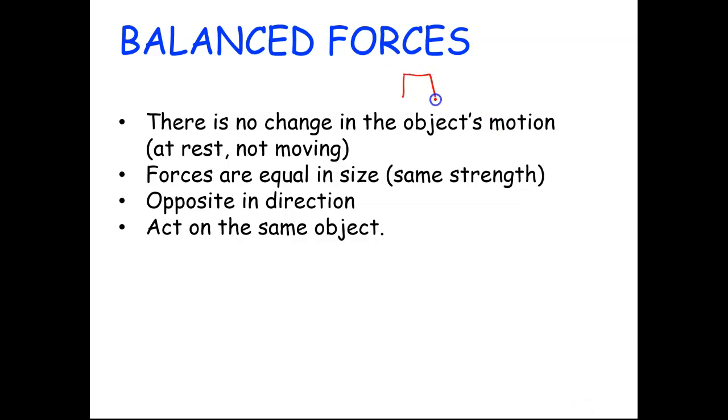If we had a box, and let's say I'm pushing on this side with 3 newtons, and you're pushing on this side with 3 newtons, since the forces on the box are the same, the box isn't going to move anywhere. They're equal. Not only are they equal, they're also in opposite directions. And when we're talking about balanced and unbalanced forces, you have to be talking about the same object. So balanced forces: no change in motion, not moving, equal in size, and opposite.